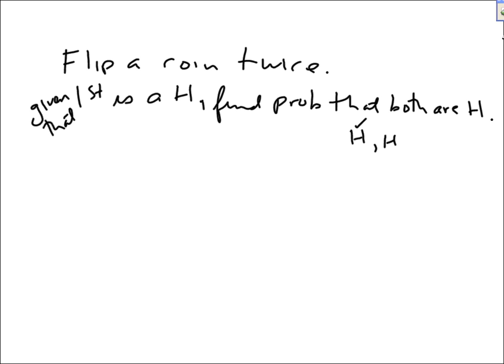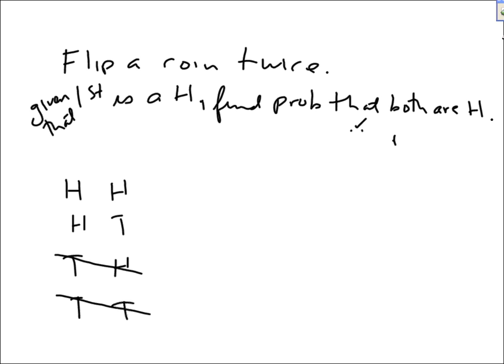And we know we got the first head. That's given. So the answer is just going to be a half. But if you wanted to look at the reduced sample space, that's cool. You toss 2 coins, you can get a head first and then a head or a tail. Or a tail first, and then a head or a tail. Well, these last 2 get knocked out because we know that we got a head on the first toss.